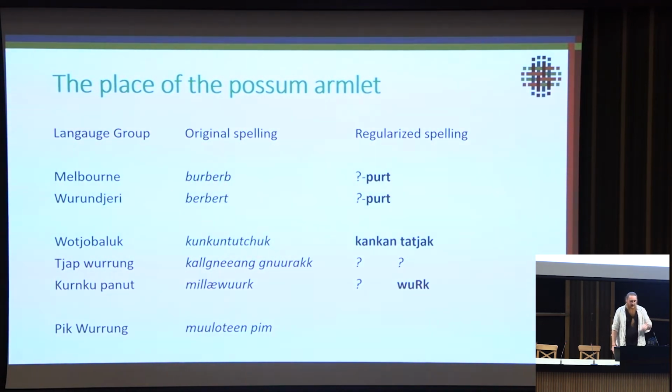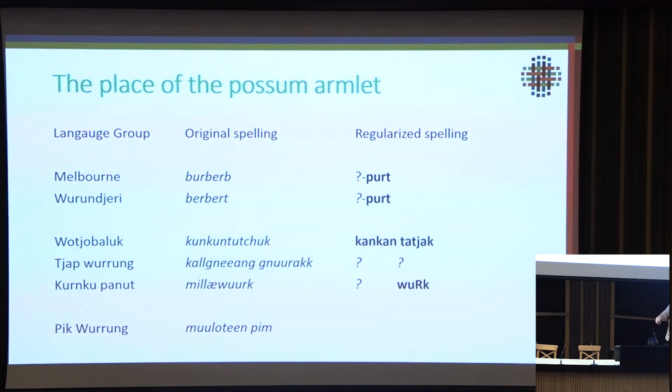And Dawson doesn't say. Move on to the Kern Copper Nut example, we've got Millet work. This one, again, Dawson doesn't say, but we can isolate work, and that means arm. So comparing it with the Wujibolic one, we might start to think, well, Millet must mean to tie up.